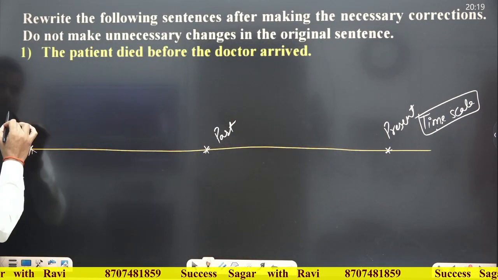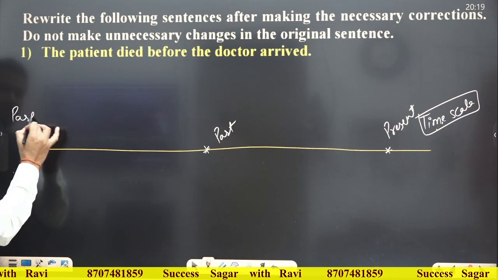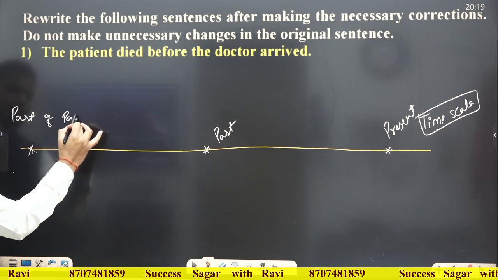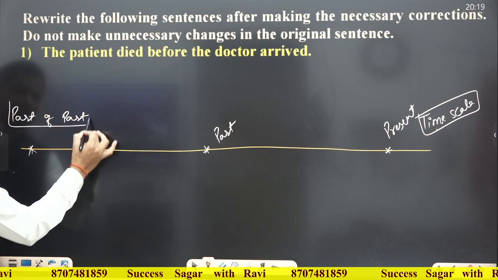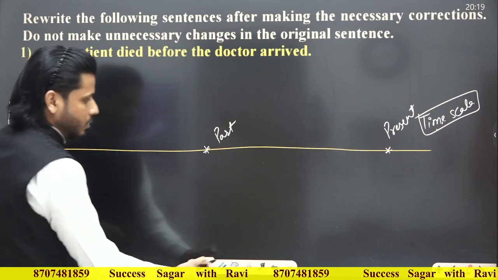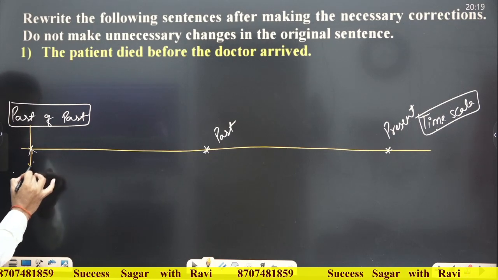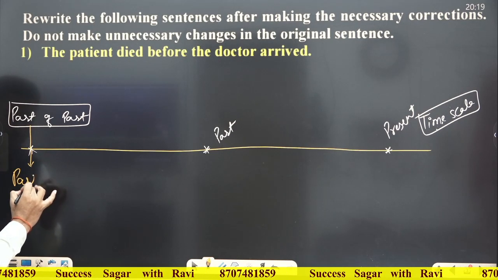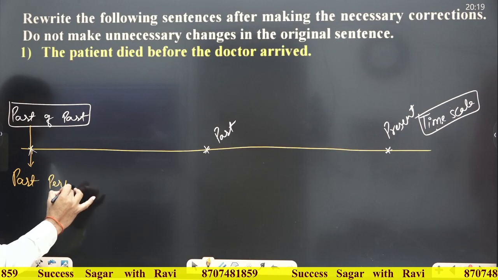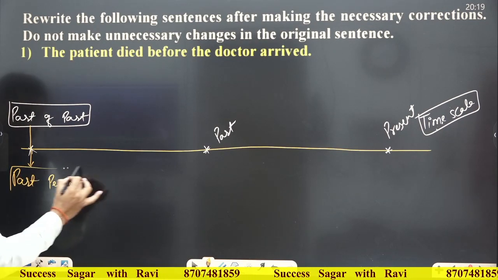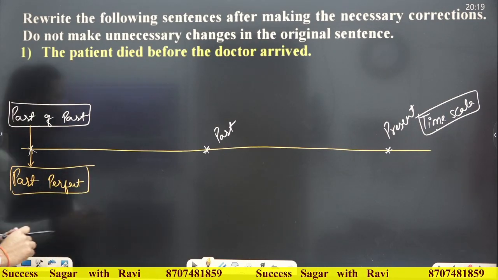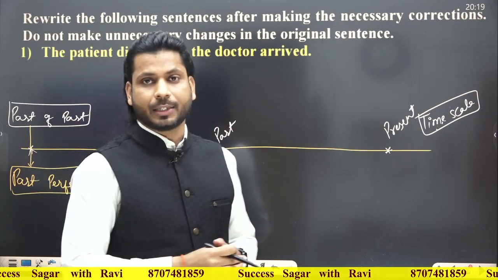This point is called past of past. This past of past is also known as past perfect tense.